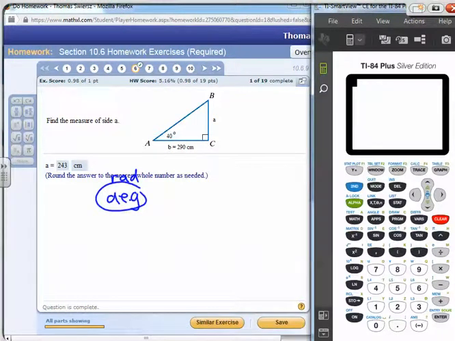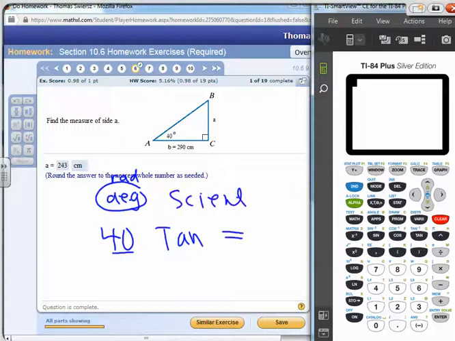Also, on some scientific calculators you might have to put in 40, the angle measure, then hit the tangent, press equals to get the answer, and then multiply by 290. So it's the reverse order on a scientific calculator. Hopefully most of you have a TI-83 or 84. On that one you just do 290 tangent of 40 degrees.